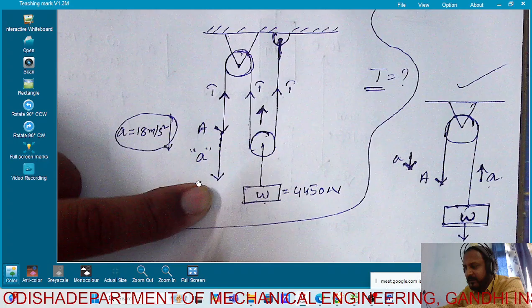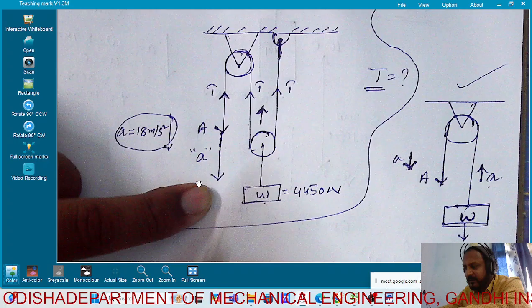Now when you are pulling 10 meters, these two strings will be 5 meters each in the upward direction, or not? Yes or no? If you are pulling 20 meters, this will be 10 each. If you are pulling 50 meters, this will be 25 meters and this will be 25 meters going in the upward direction.